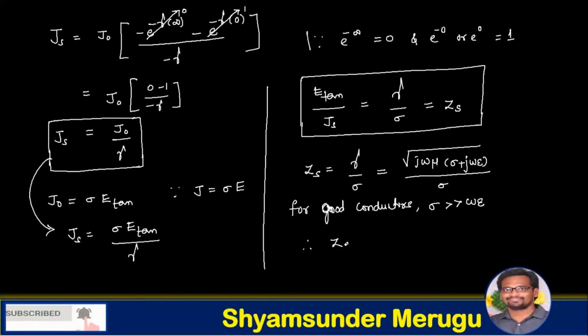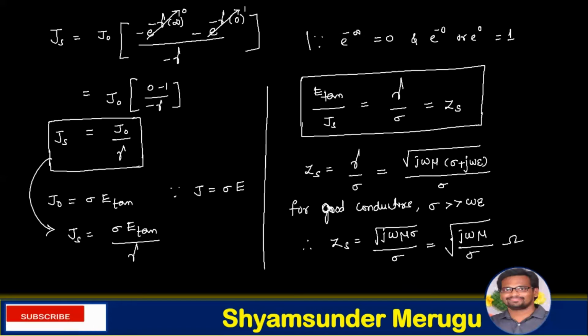So therefore we can write Zs equals square root of j omega mu sigma over sigma. We can also remodify this expression as square root of j omega mu over sigma, and the units are ohms, right?